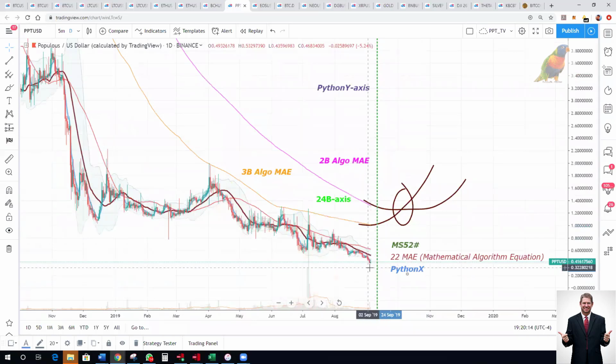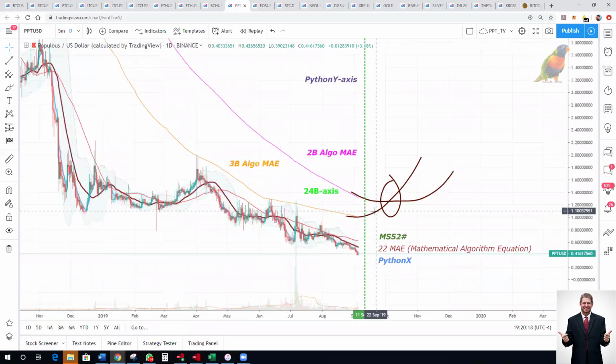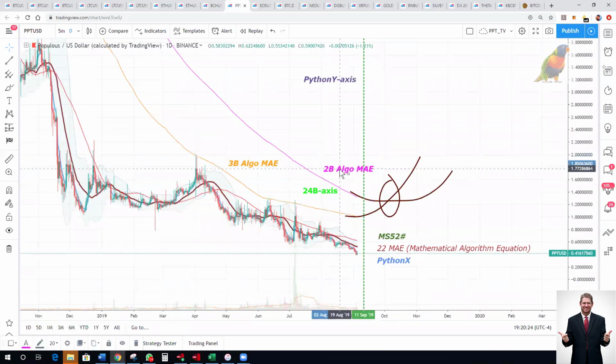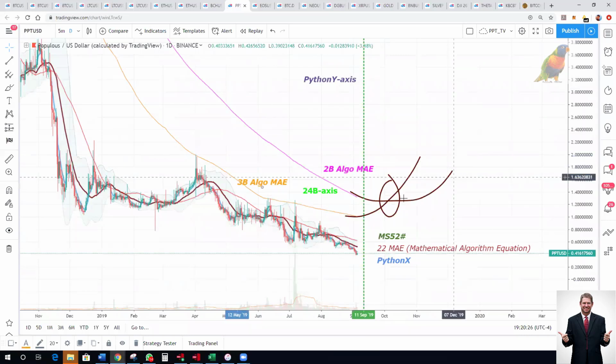Now, remember I said I'm not going to buy yet, because what I want to see is the 3B algo move upwards above the 2B algo. Okay, so I want to see that. As soon as that changes, and it could change rapidly, guys, in the next week, then it will become a good buy.